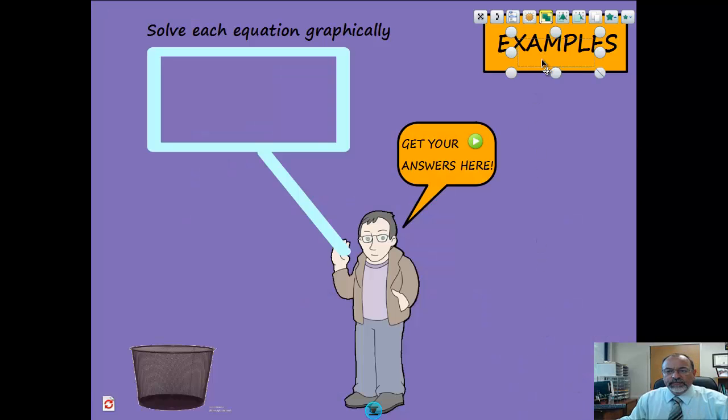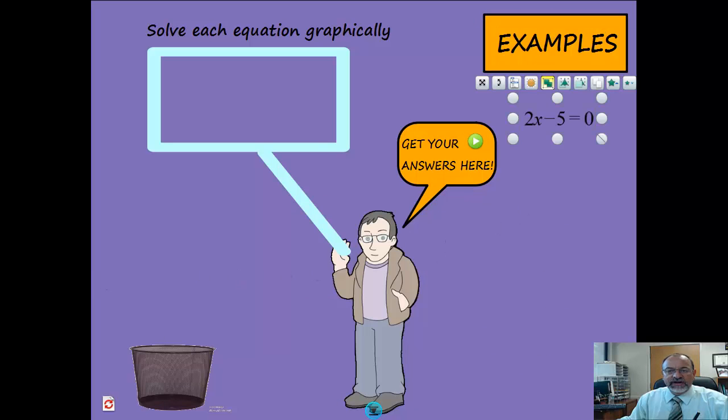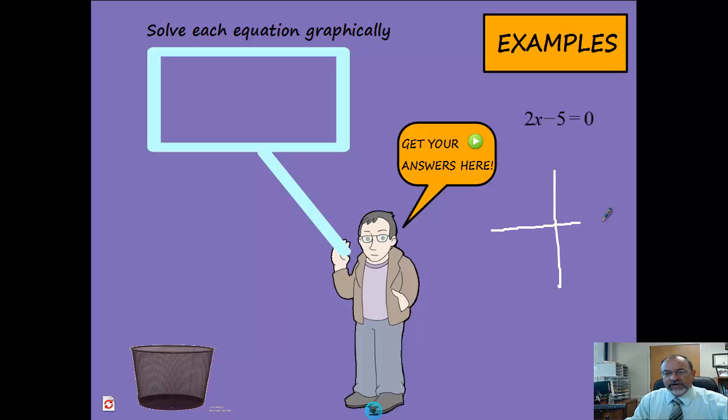So, for example, let's just pull this down. If I had 2x minus 5 is equal to 0, what would that look like? I'm going to make a sketch over here and then just explain what you would look for. So 2x minus 5 is a linear equation. This is mx plus b. So the y-intercept is negative 5, and it has a slope of 2. And so this line would look something like this. Now, we're wondering where this line here, which is the left side of the equation, is equal to 0.